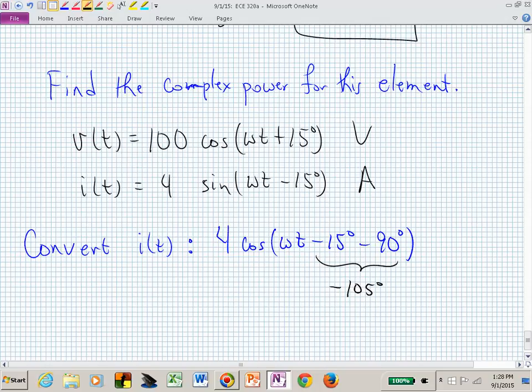The only thing that I have to keep track of now is the fact that this, unless stated otherwise, is a maximum or a peak magnitude, isn't it? As is this.